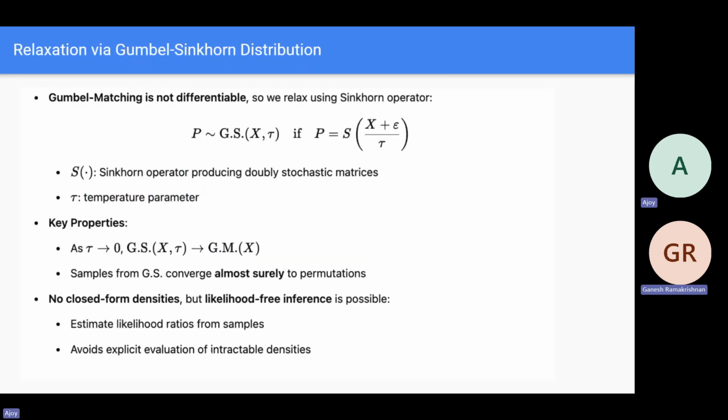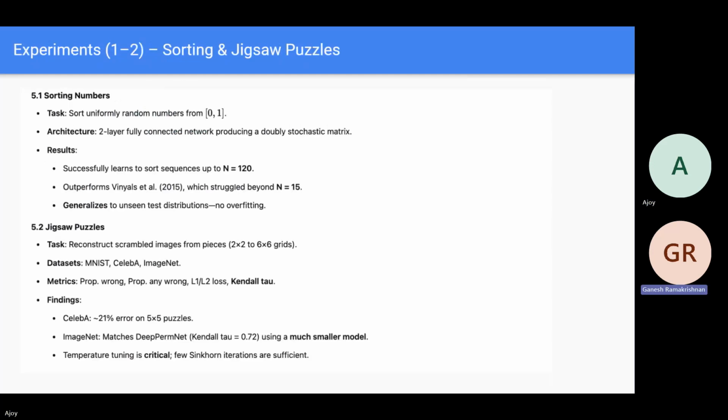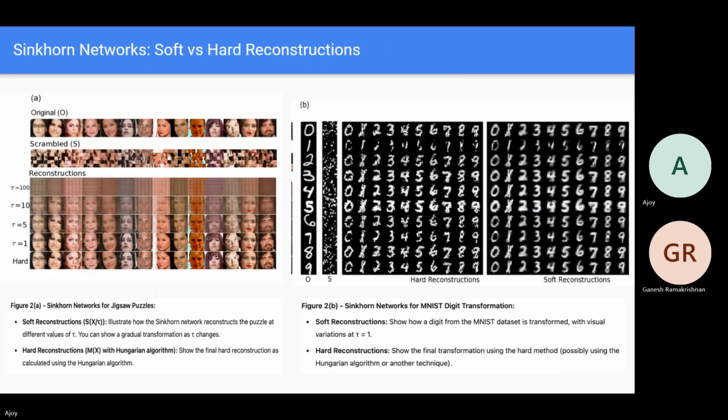That team is not here. We represented Gumbel. Variational inference of Gumbel Sinkhorn. Next. So these are experiments. Fine. You can skip this. Go to your project description.